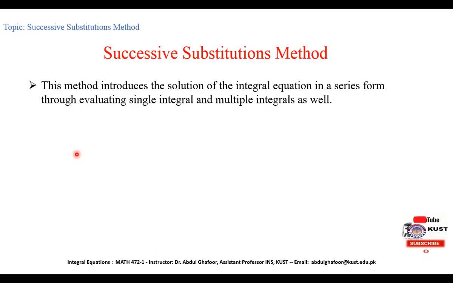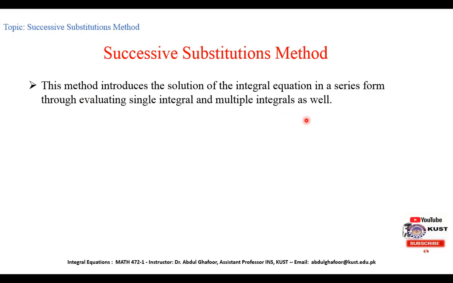Successive substitutions method. This method introduces the solution of predominant integral equations of second kind in a series form through evaluating single integrals and multiple integrals as well. This means that in this method we will find the solution of the predominant integral equation of second kind in a series form, and this series form can be constructed through evaluation of single integrals and multiple integrals.